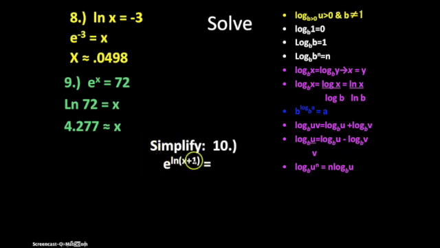Another one, simplify e to the power natural log base e of x plus 1. That fits in here with this rule right here where you have a base b and then you have a log with a base b to the a of a, and the solution is a.